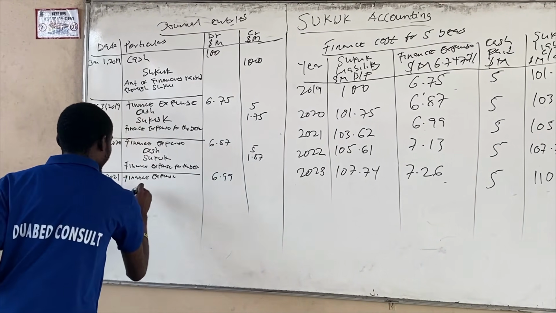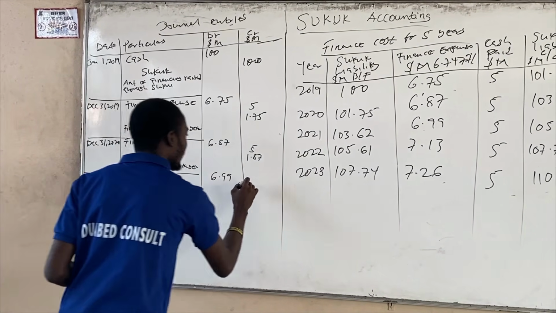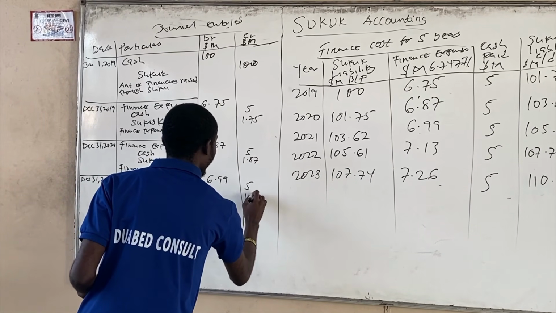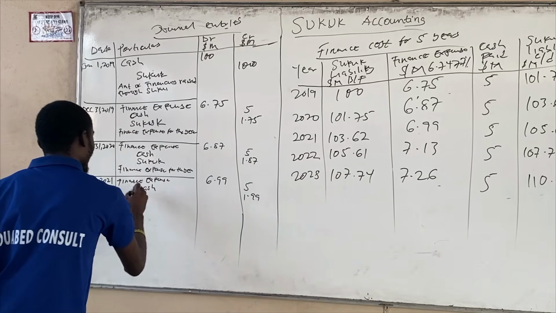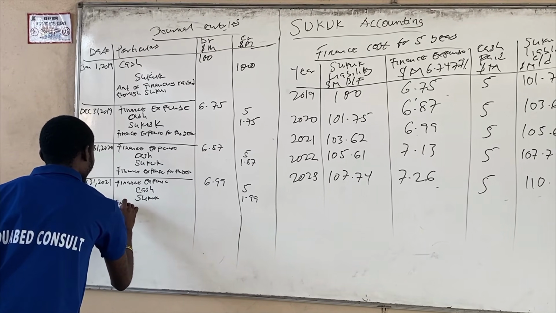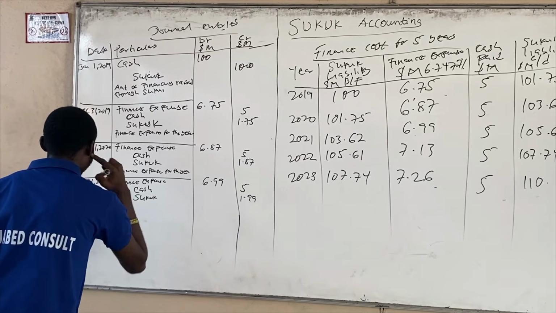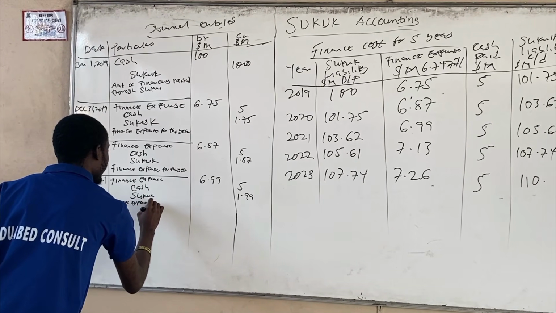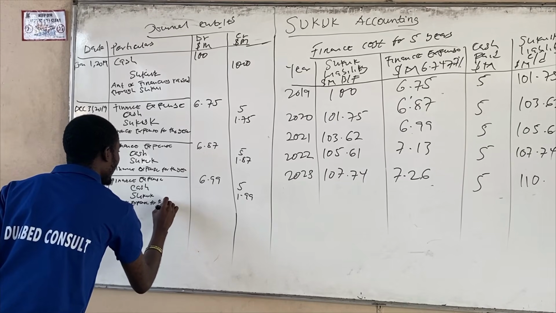This will reduce their cash balance. So cash 5. And then the difference between the two will give us 1.99. And then we credit this to the Sukuk account. And then that's on the finance expense for the year.